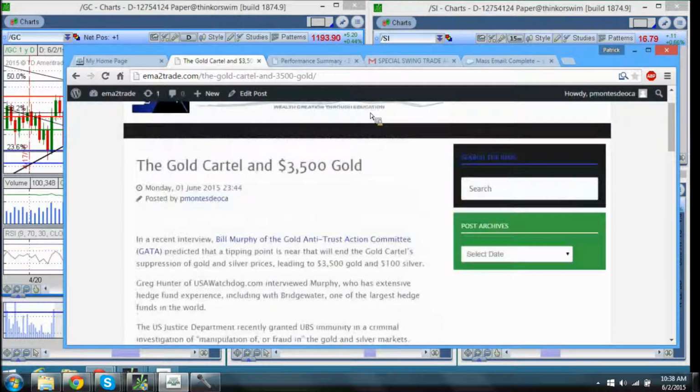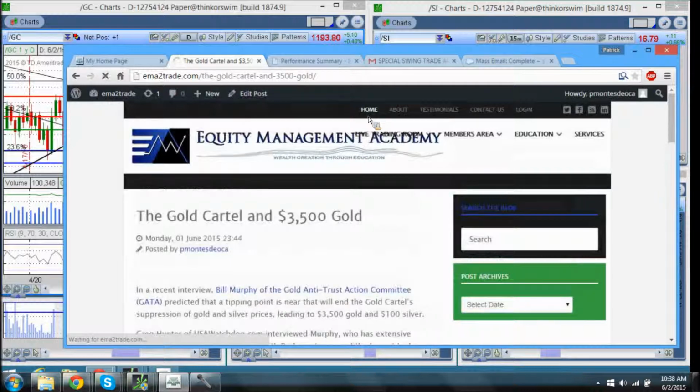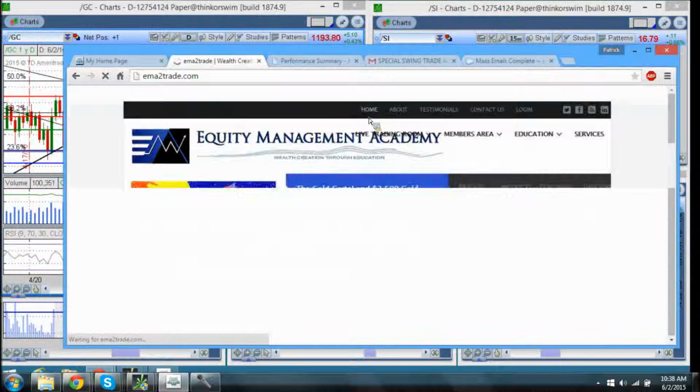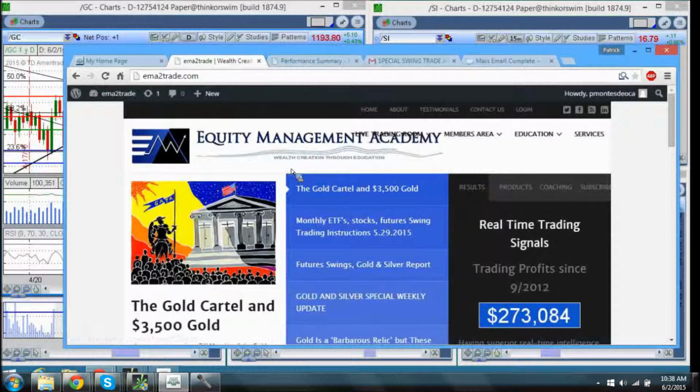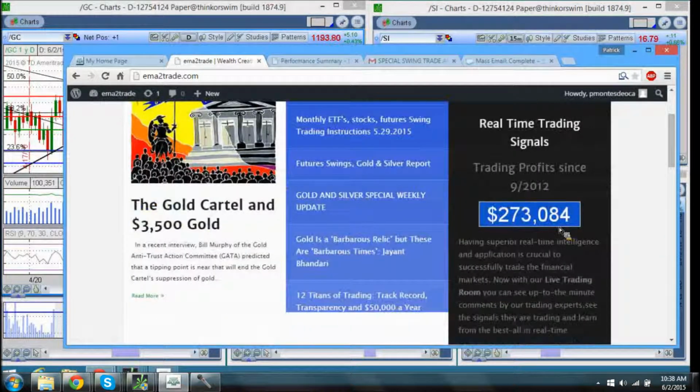But what we do here, regardless of the fundamentals that we take into account to look at the big picture, and this is a big picture in the gold market, particularly in the silver market, is this: if you go to this part of the website, this tab shows you the results up to date.